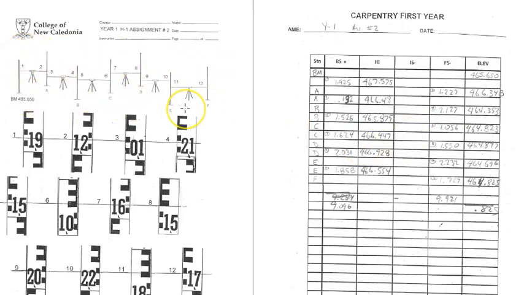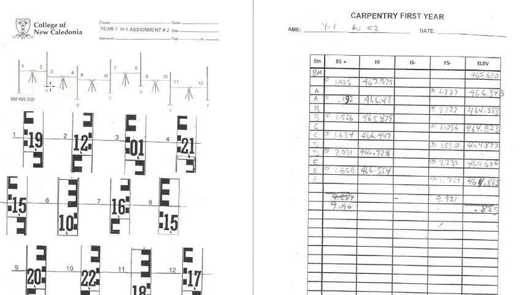The sheet is particularly trying to give you practice on how to fill out this form. If we established our elevation at A to be 466.348, that means the elevation at the bottom of this rod is the elevation for that point.